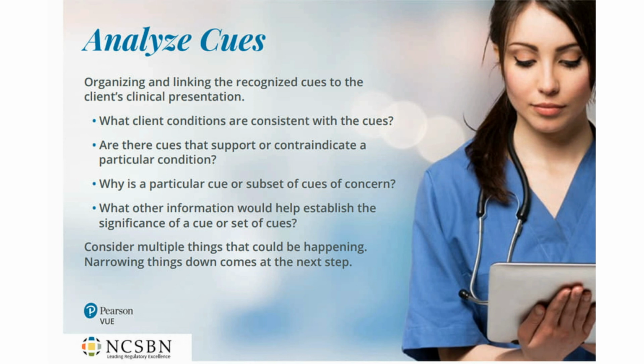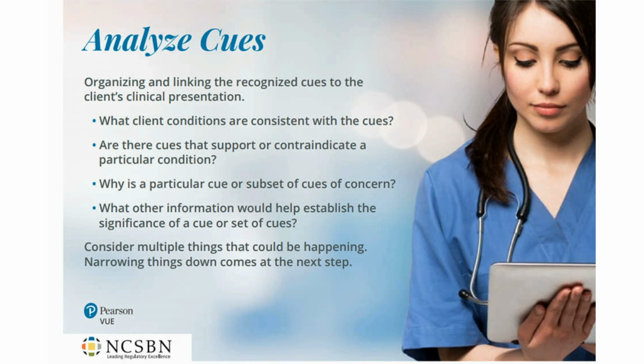Why is a particular cue or subset of cues of concern? Remember when I was tutoring you, I always said, why are they telling me the small details? So why is a particular cue of concern, right? And what other information would help establish the significance of a cue or set of cues?